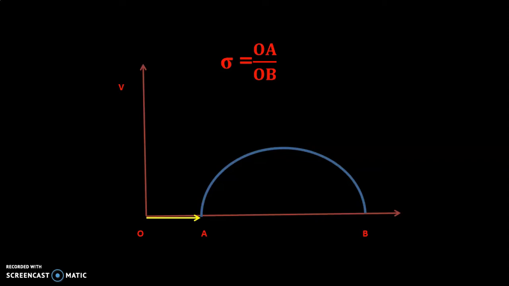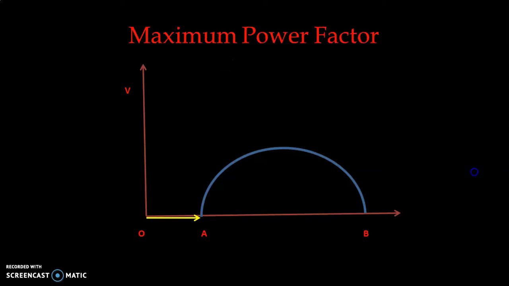Let us see how the dispersion coefficient affects the maximum power factor. From the same circle diagram, if we need maximum power factor, the angle of the current with the voltage axis should be minimum.